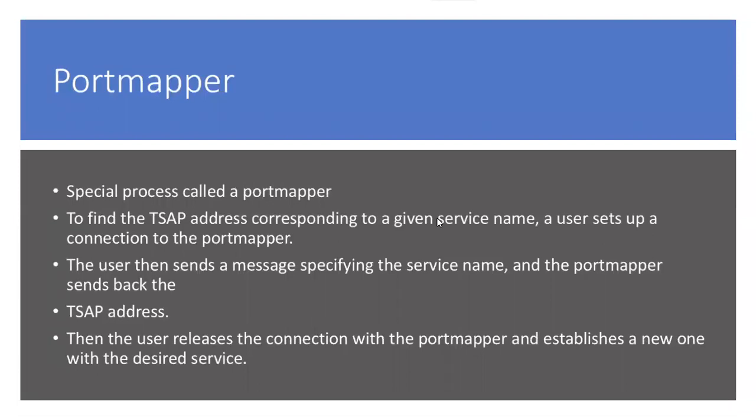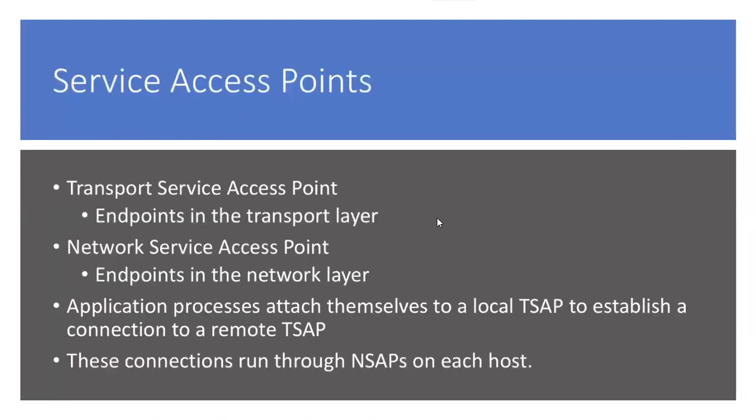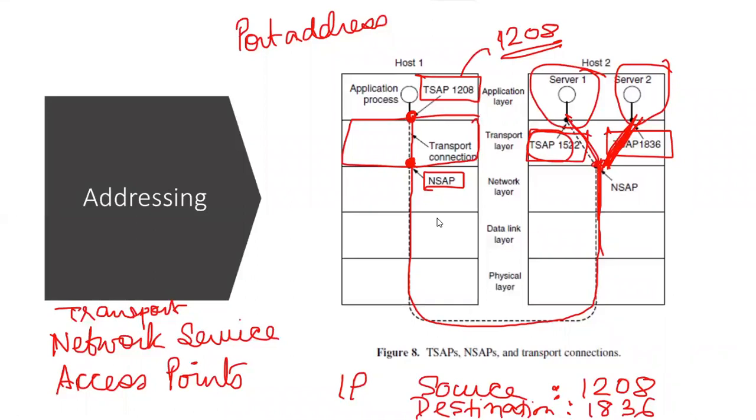Now the problem here is, how will the application process in host 1 know that server 2 is running at 1836? It has to know all this. Usually there are some fixed TSAPs where some well-known processes or applications are running.